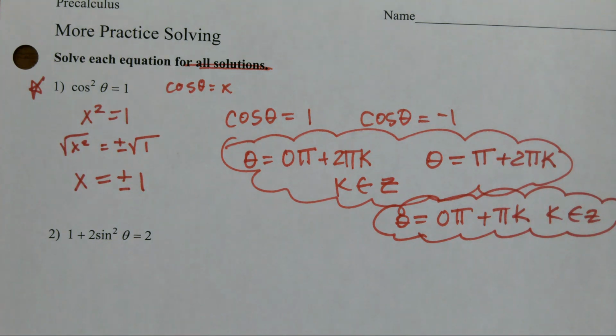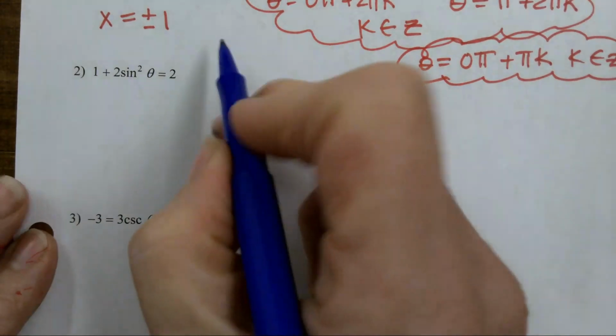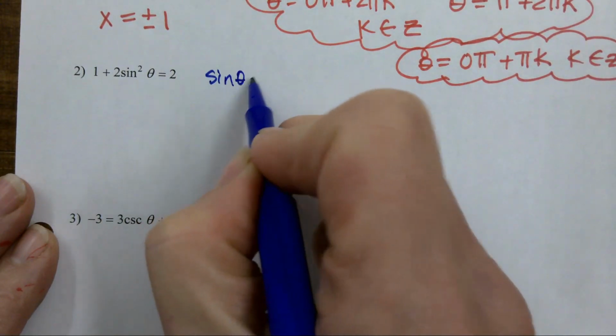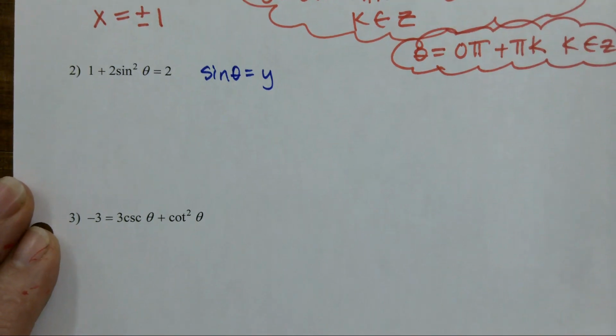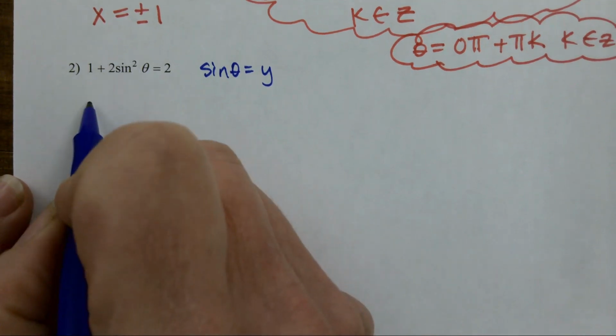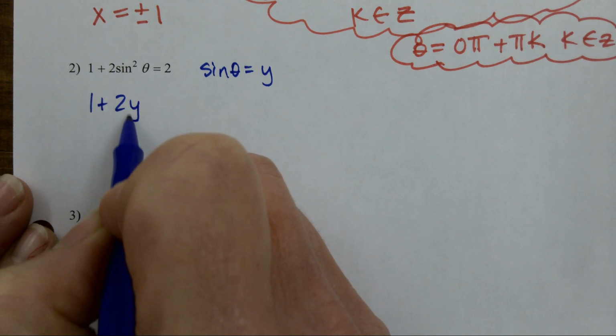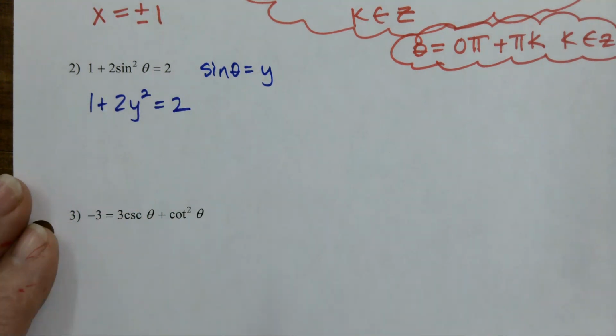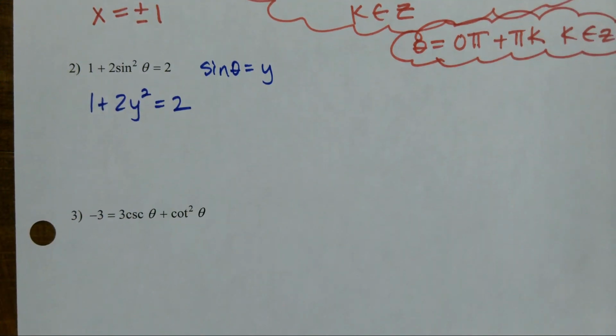Similar in problem number 2. I'm going to replace sine theta with y. So I get 1 plus 2y squared equals 2. This is another situation where I don't have the y term. I have a y squared and I have a no variable term.